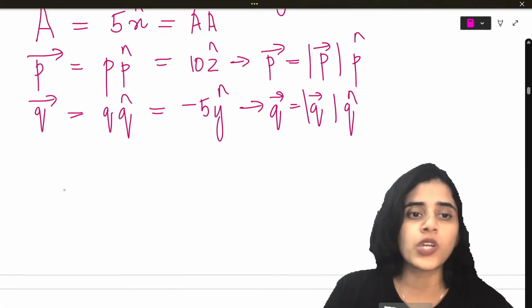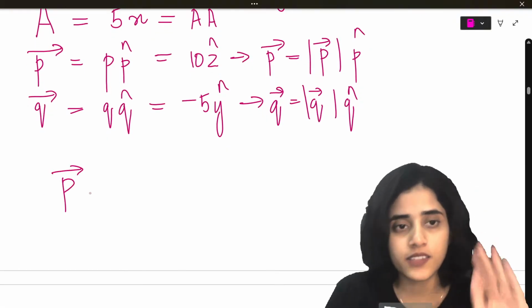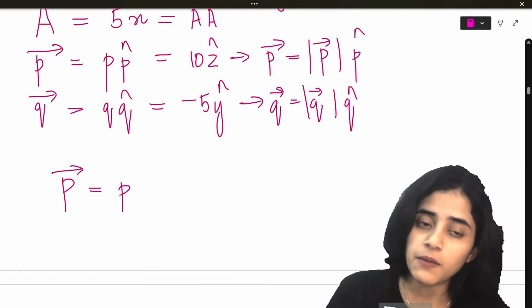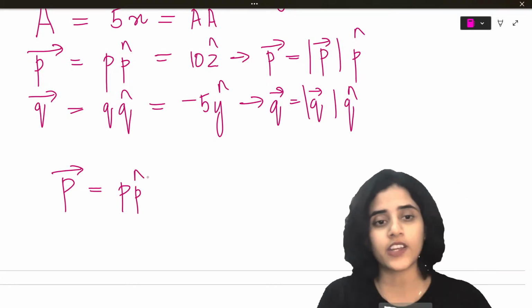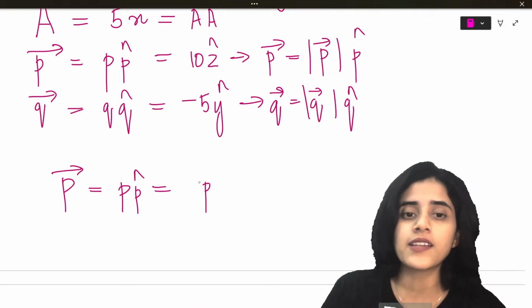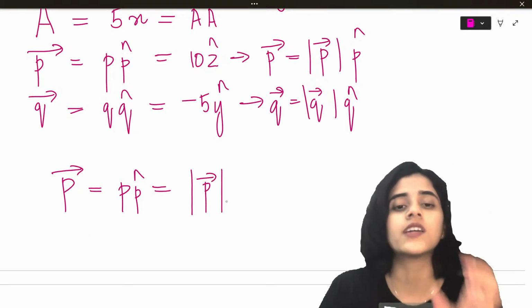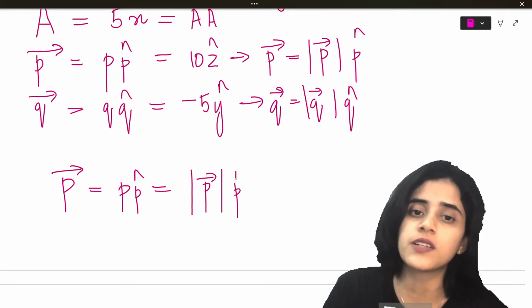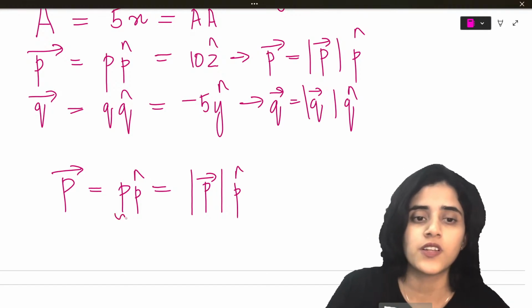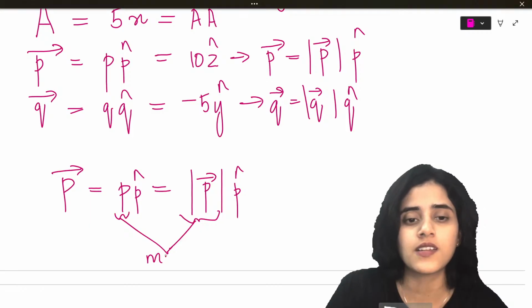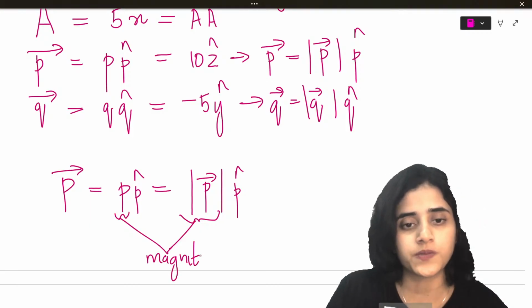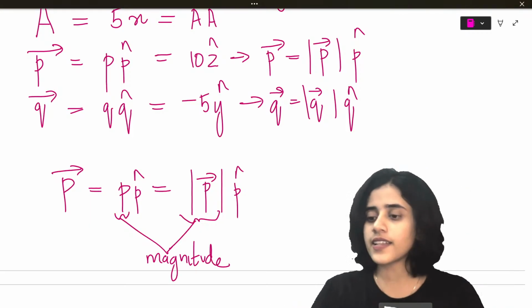The magnitude can be represented by the alphabet alone, and the alphabet with a cap represents the direction. This can also be written as the vector in mod, which also represents magnitude. Again, P cap is direction. So both of these represent magnitude. Is this clear to all of you?